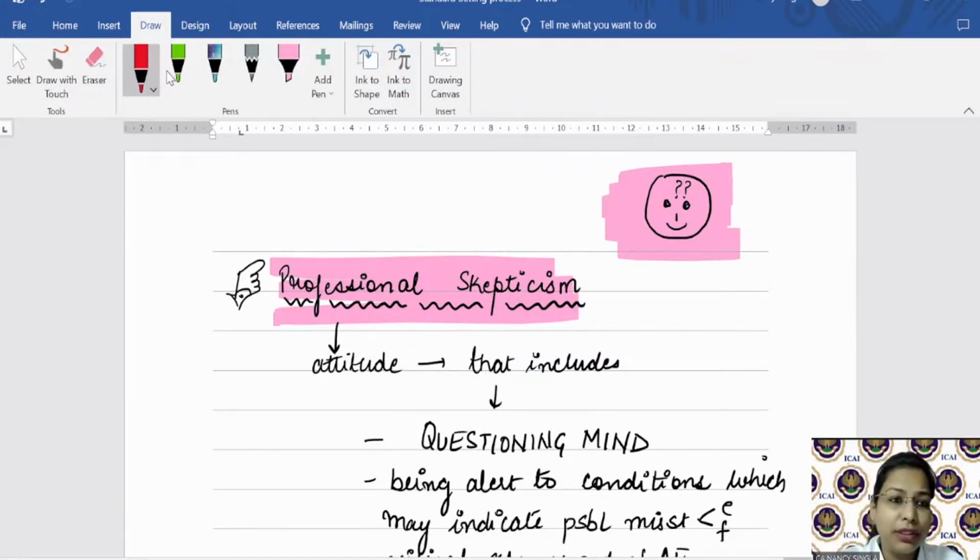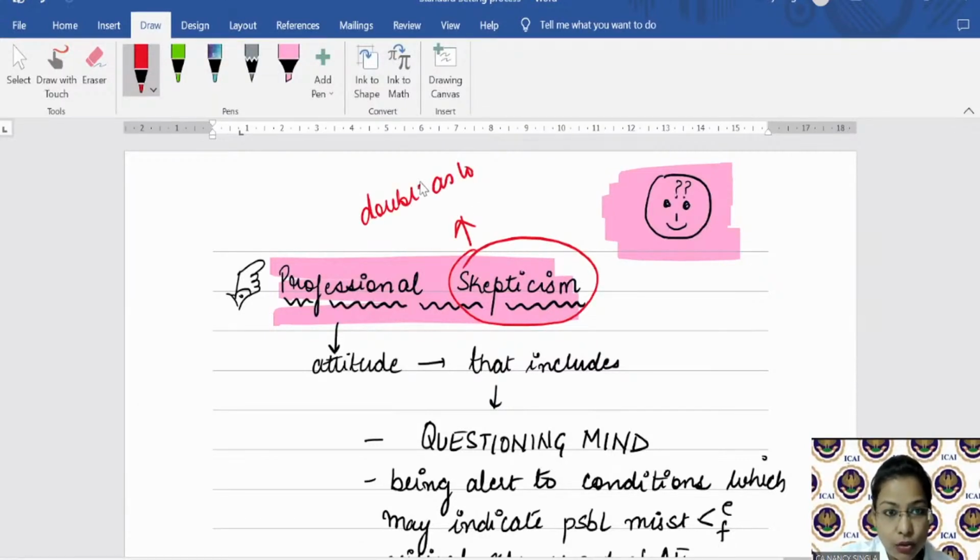Throughout the audit process, the auditor needs to exercise professional skepticism, right. So what does skepticism mean? Skepticism is doubt as to the truth of something, right.